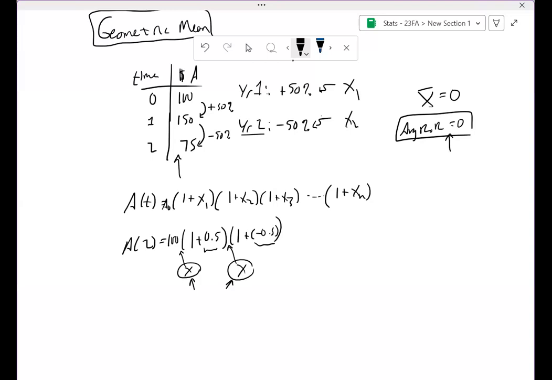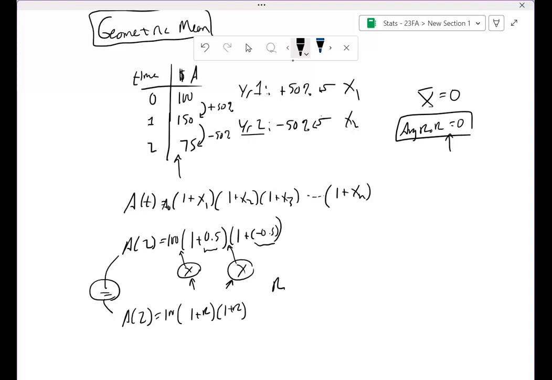So I would like to find a mean rate of return, let's call it R, so that if I got that constant rate of return every year for these 2 years, I would have the same amount at the end. That's what I would like to be true of a mean rate of return, right?